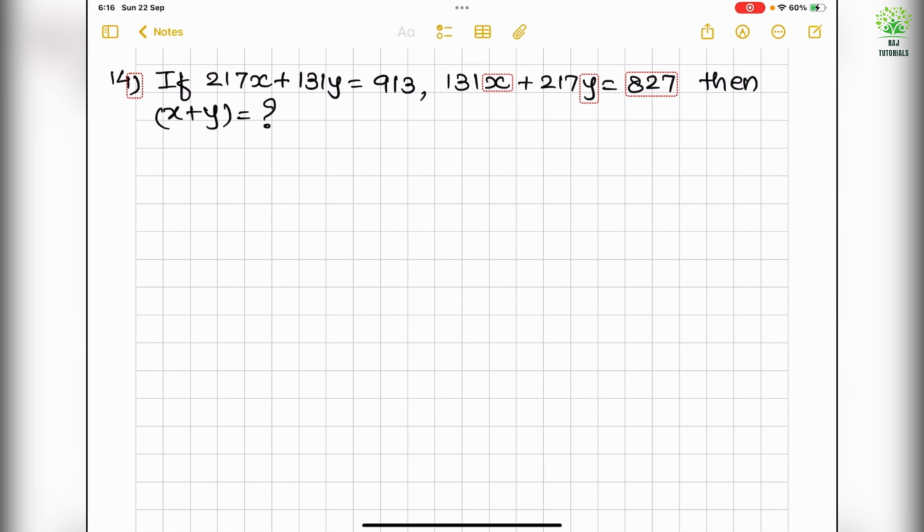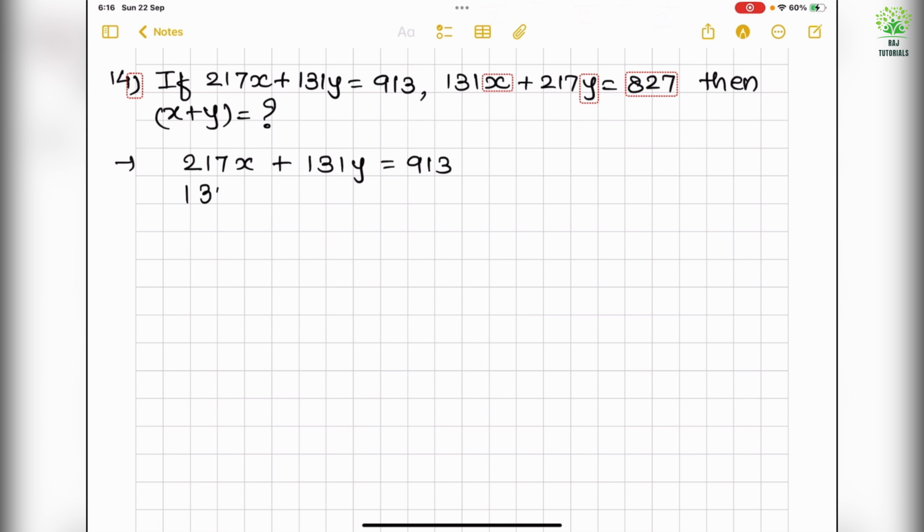Now I am given 217x plus 131y equal to 913, and the second equation is 131x plus 217y equal to 827. Then x plus y equal to question mark. So here I can do it like this.